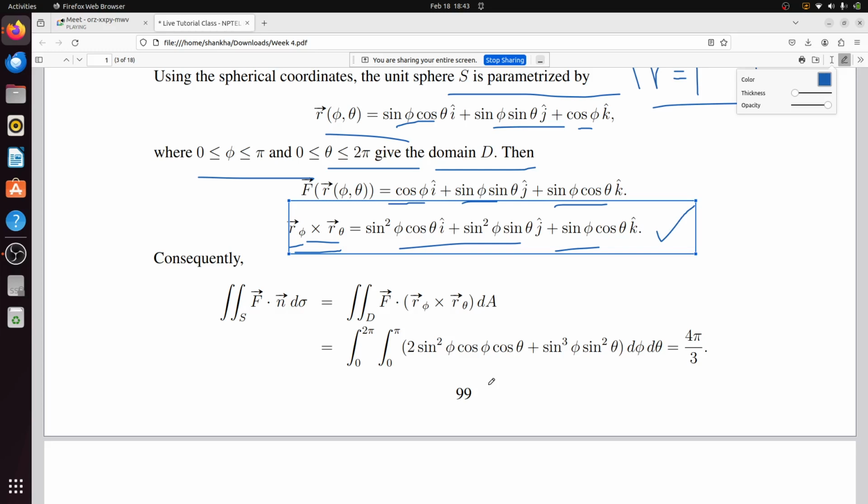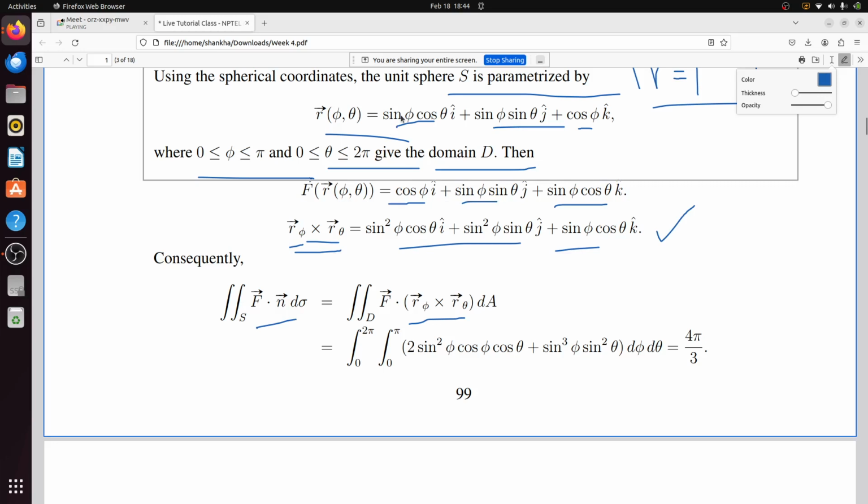So this is F dot n d sigma, we all know what F dot n d sigma is. Now you need to compute the dot product of F with this. First sin phi cos theta, so here that will be sin cube phi cos square theta, and sin cube phi sin square theta.